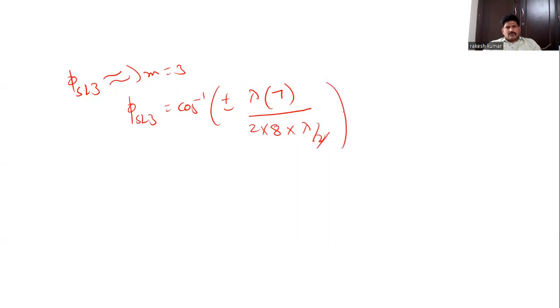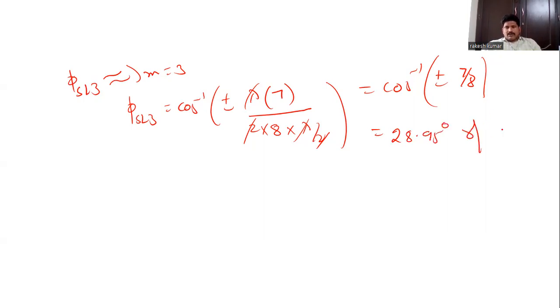Okay, so 2 will get cancelled, lambda will get cancelled, that is equal to cos inverse of plus or minus 7 by 8. This value is, for positive, 28.95 degrees and for negative it is 151.04 degrees.